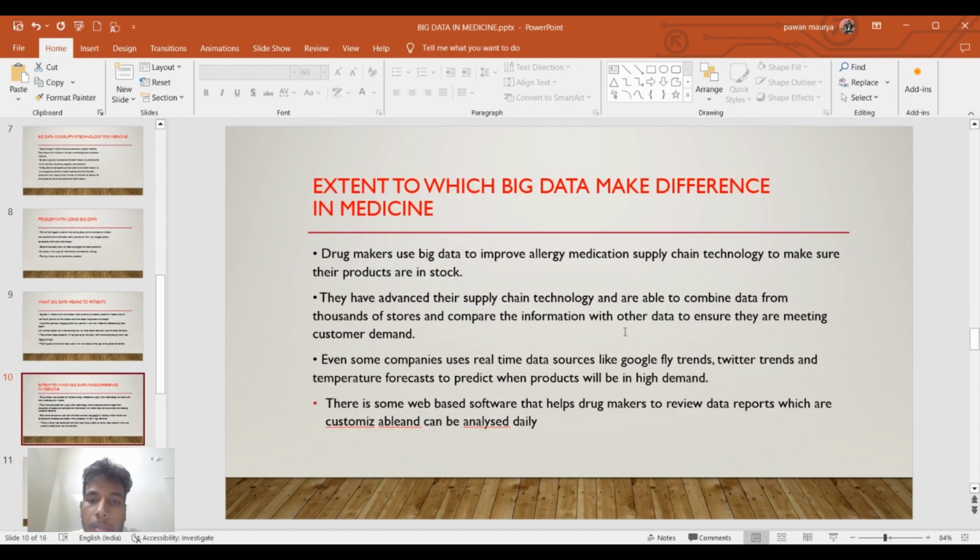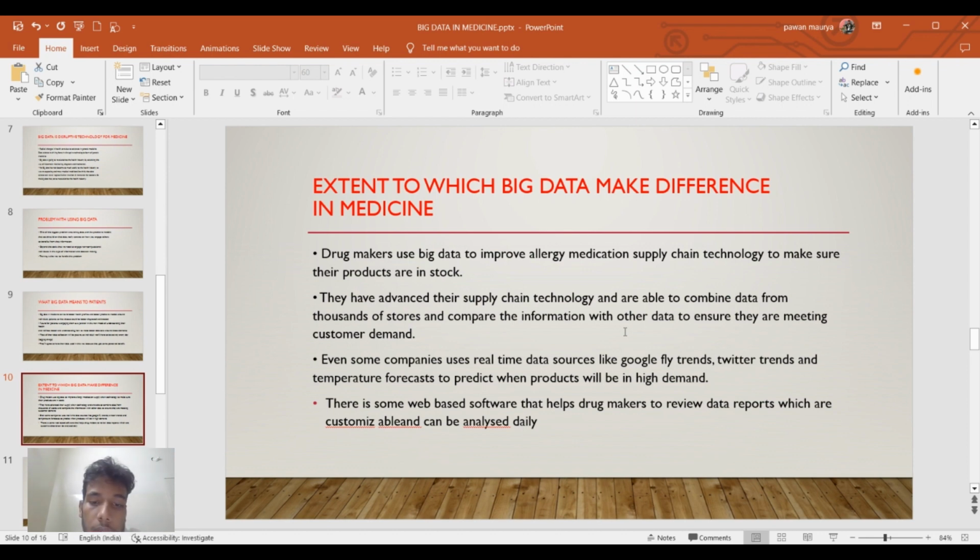Extent to which big data makes a difference in medicine. Drug makers use big data to improve allergy medication supply chain technology to make sure that products are in stock. They have advanced their supply chain technology and are able to combine data from thousands of stores and compare the information with other data to ensure they are meeting customer demand.